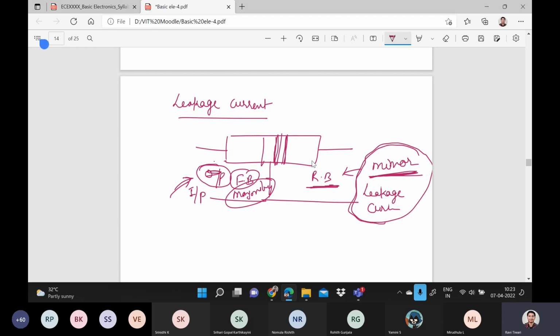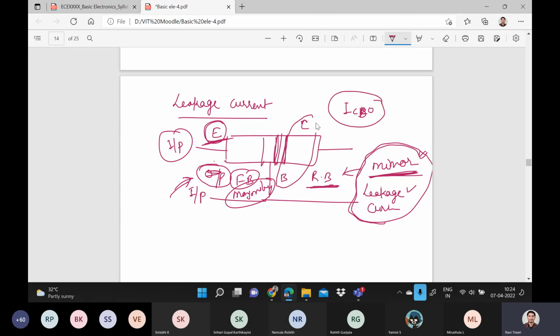As the base is common, for example, this is emitter, this is collector, the current which will flow because of this minority carrier is ICBO, when the emitter is open. Emitter is input, right? So its meaning is simple. When your input terminal is open, whatever the leakage current, it will be denoted as the collector to base current when your input, that is the emitter, is open circuit. That was the case with a common base.